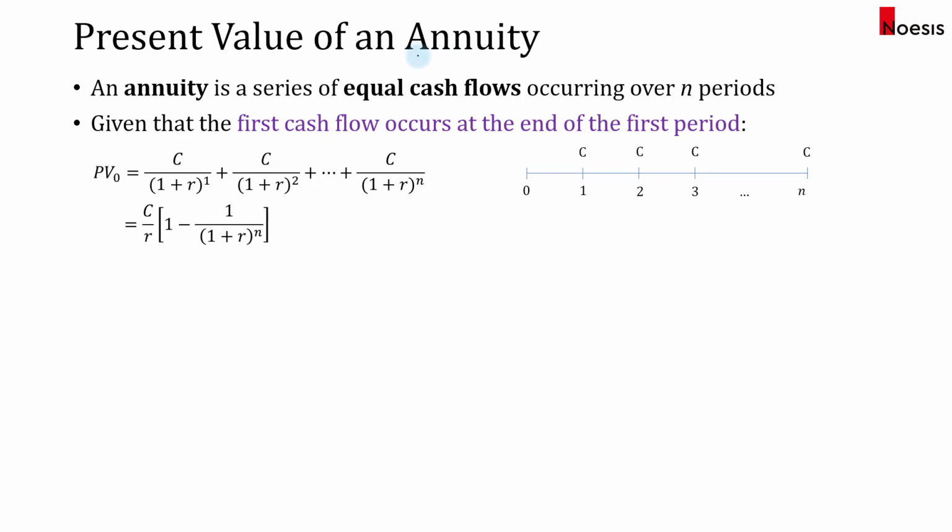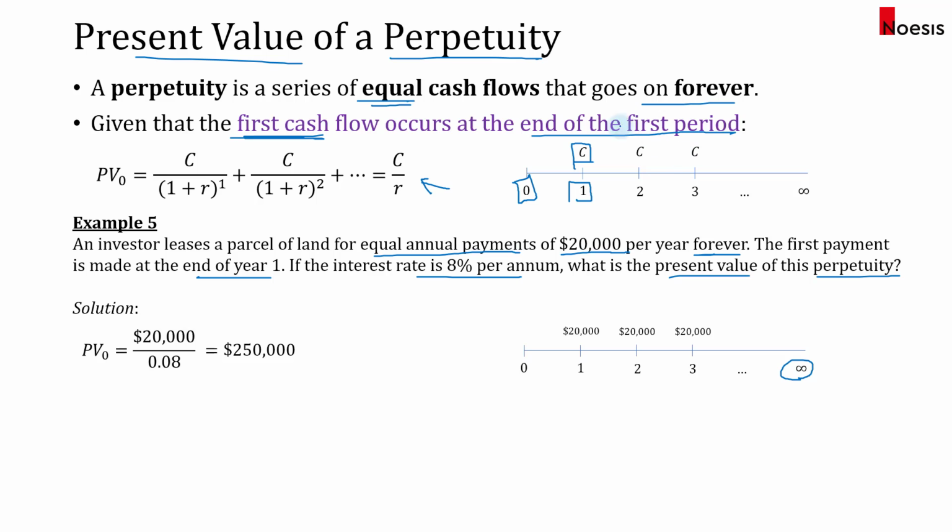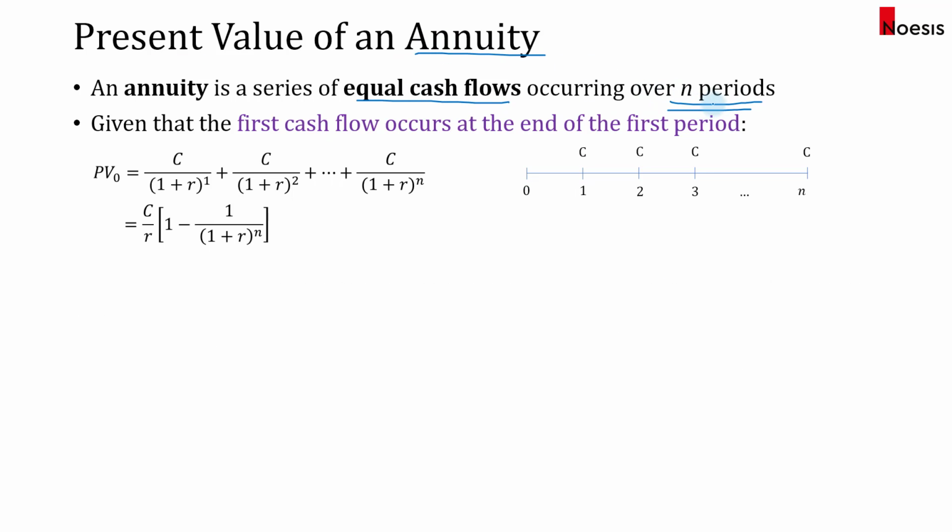Now for the present value of an annuity. Annuity means a series of equal cash flows that occurs over n periods. The perpetuity that we saw earlier is also a form of annuity, but it goes on forever. In general, an annuity will happen over n periods, but most importantly, the cash flows are equal, and the first cash flow occurs at the end of the first period.